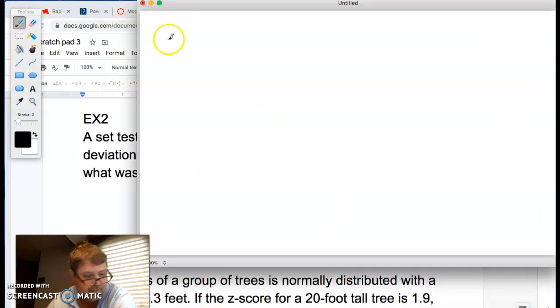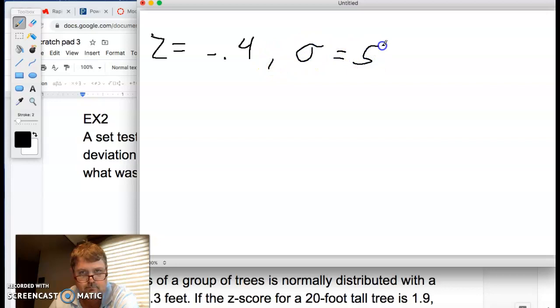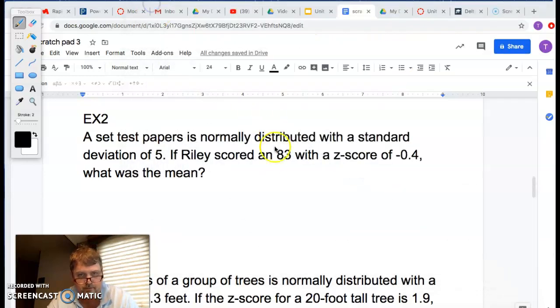We're told that Riley had a z-score of negative 0.4. What else do we know? We know that the standard deviation was 5. And if he scored an 83, we want to know what the mean is.